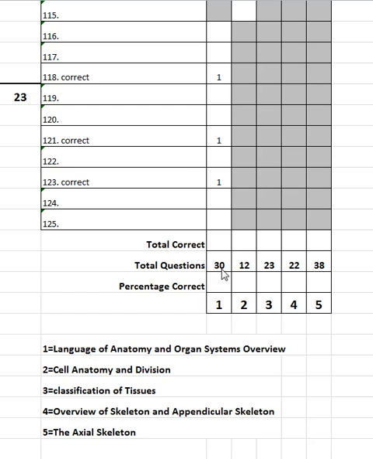So there were 30 questions covering the Language of Anatomy and Organ Systems Overview. What you will do is you will count the number of correct answers for each of these columns. Okay, so you'll go and you'll count all the ones for each column, and you'll put the numbers here.